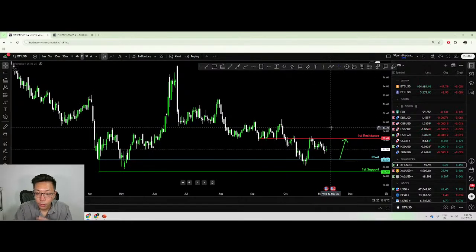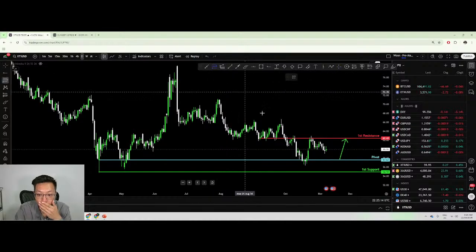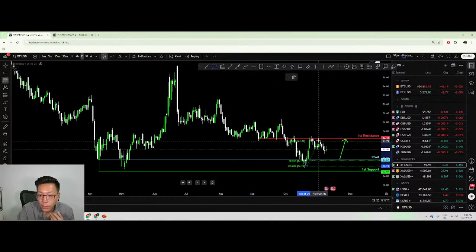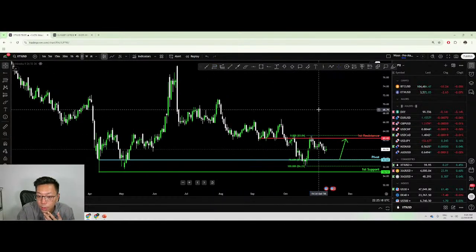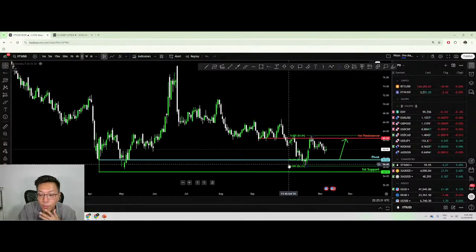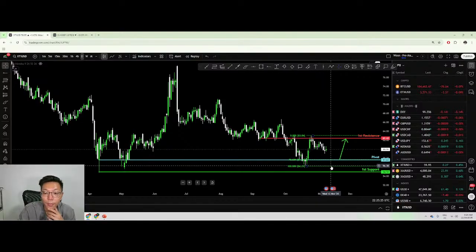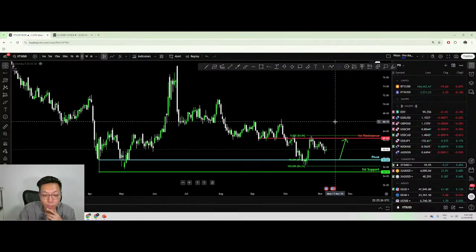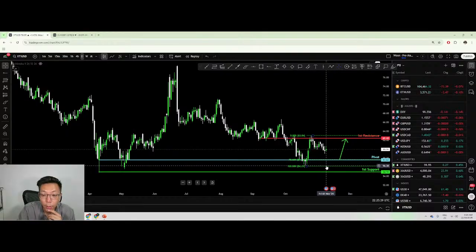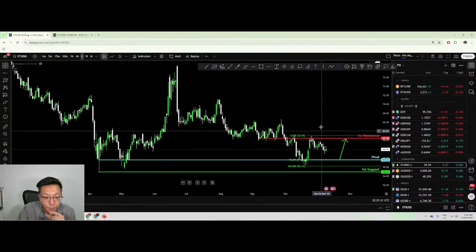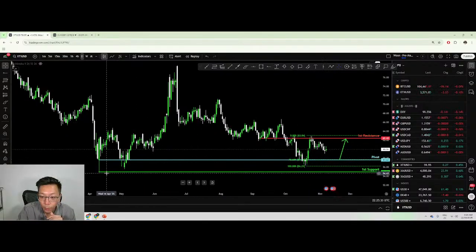I think this also aligns with the 78.6% Fibonacci retracement level at our pivot point. This gives us confirmation that we want to enter. Then let's keep the first support a little bit tighter. We'll place it right at this low over here.